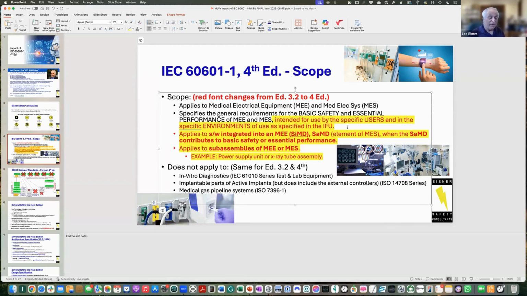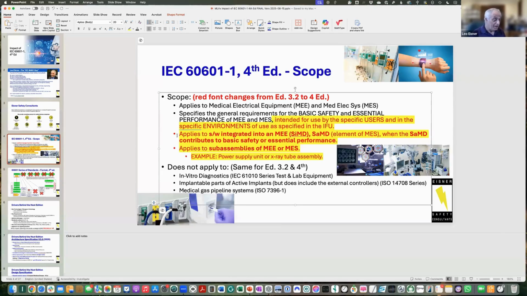That the manufacturer gets to define that is obvious, but now having it defined in the scope is great. The first thing I do when I look at a standard is always look at the scope. Is it a standard that applies to me or not? If it doesn't, most of the time I ignore it, but not always. I always look at the scope first.